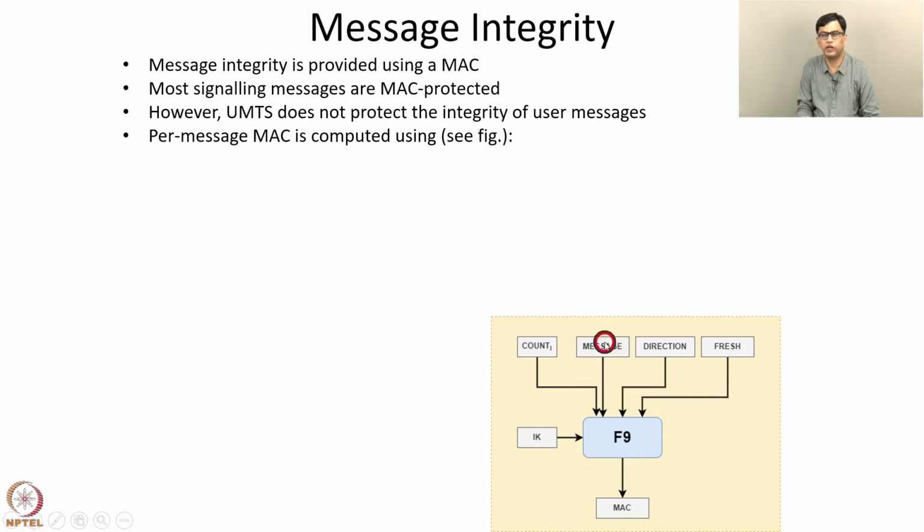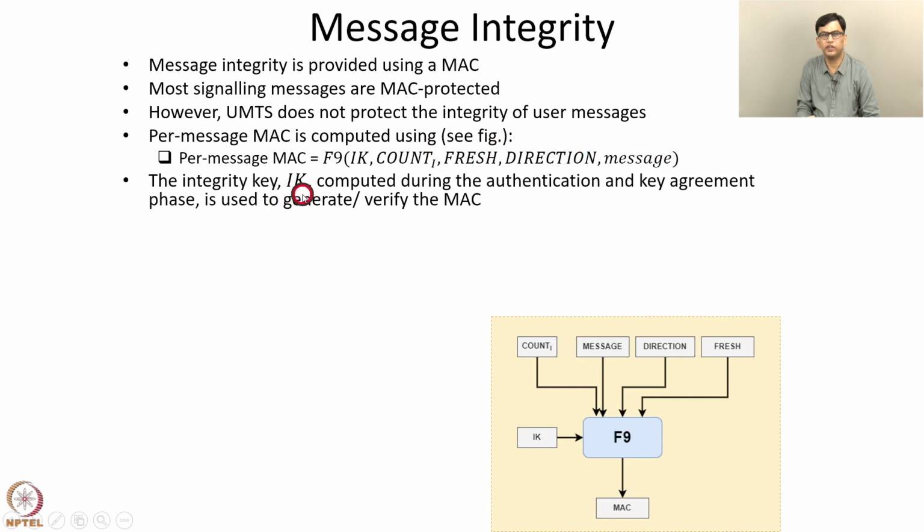But apart from the message and the integrity key, there are some other fields also used in order to defend against replay attacks and similar attacks. So the per message MAC is F9 of ik, count I, fresh, direction, message.